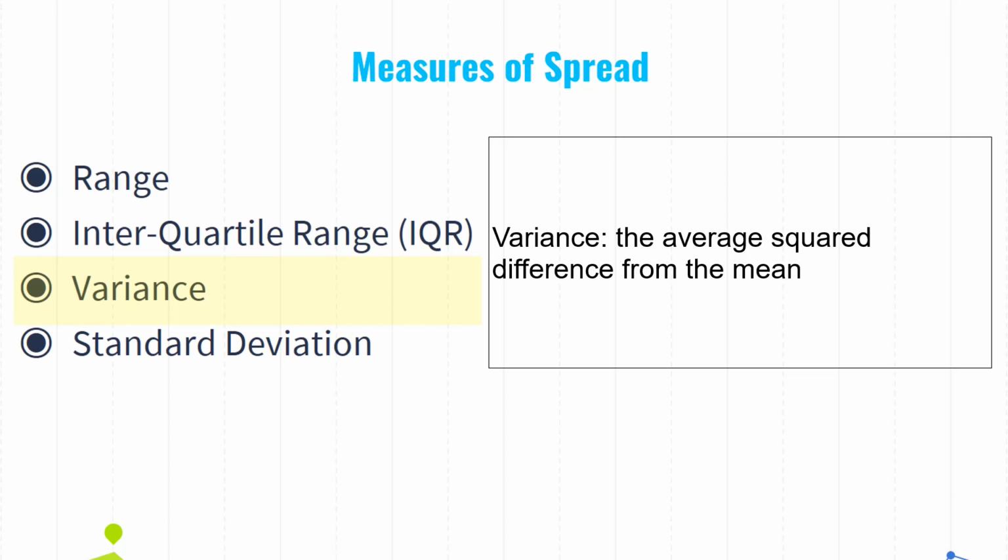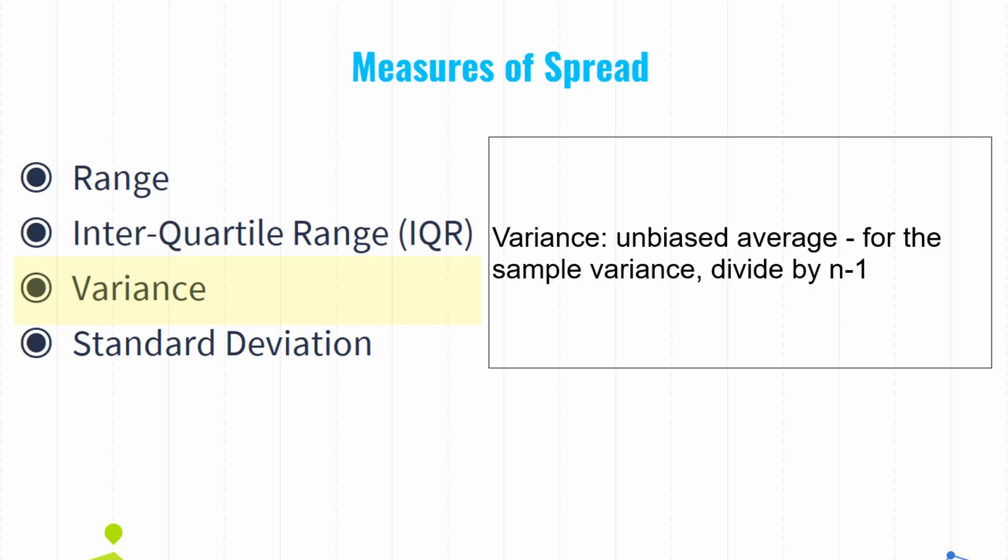I say average, but technically we're going to divide by n minus 1 instead of n. This keeps our variance from being biased, and there's a technical reason for that, but just try to remember, if you're doing a sample variance, the variance of sample data, you need to have this n minus 1 in the denominator. If you're doing a population variance, then you would just divide by the population size.